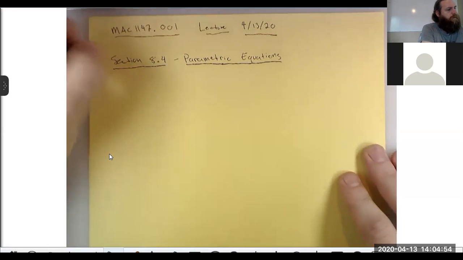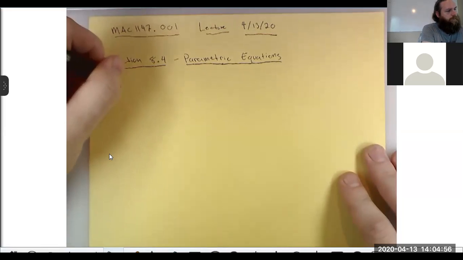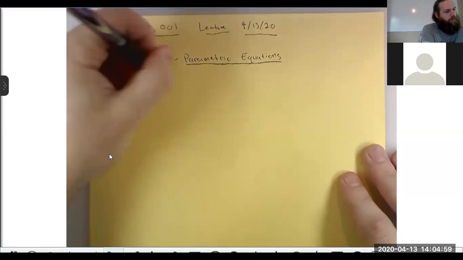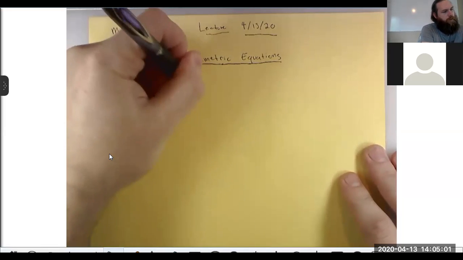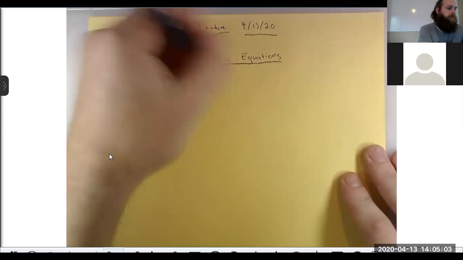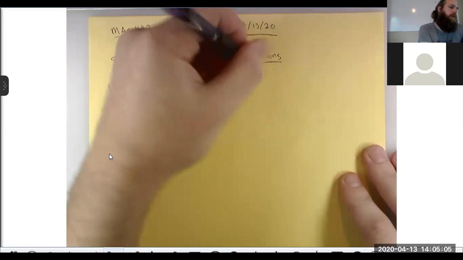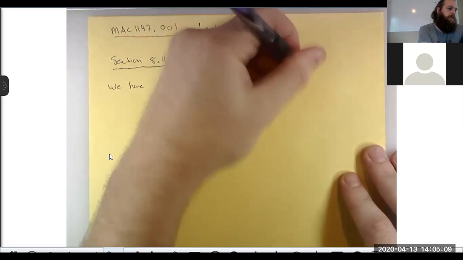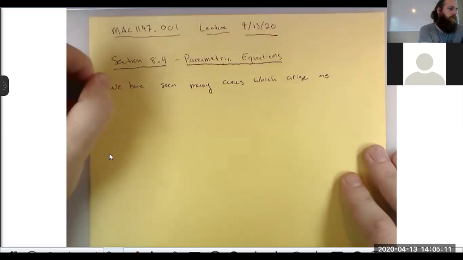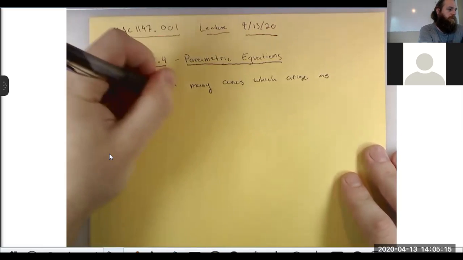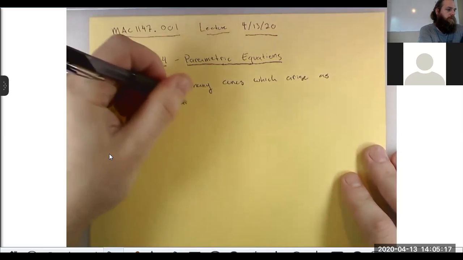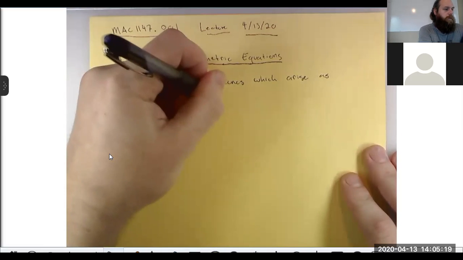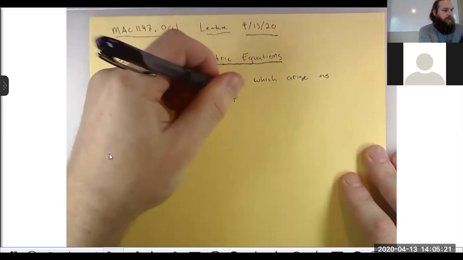Kind of what's going on here is that we've seen many curves which arise as graphs of functions, like where y is a function of x.